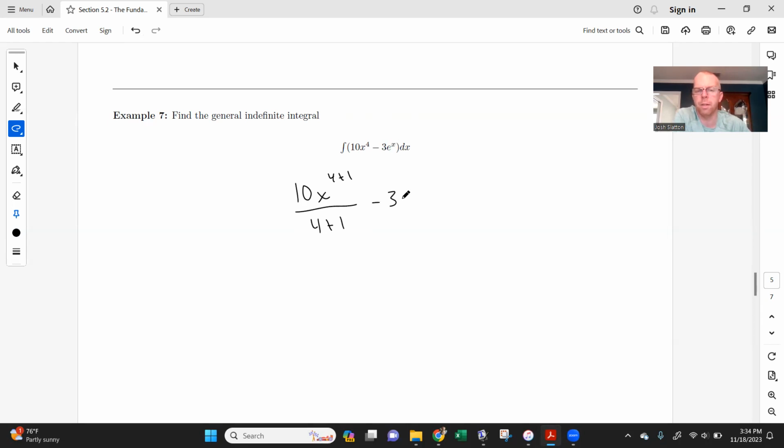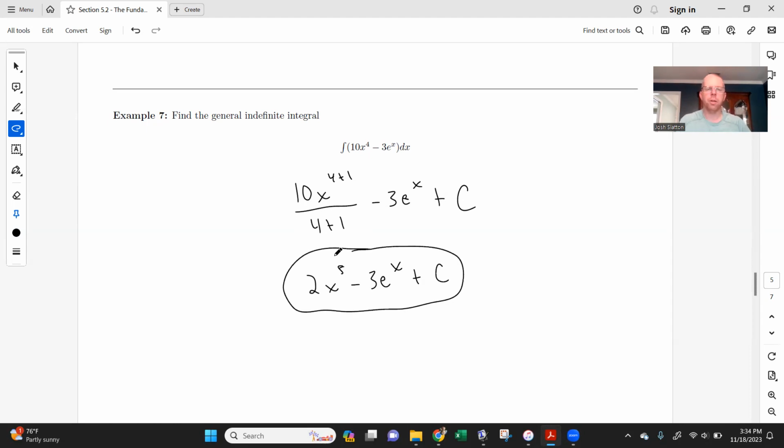Constant does not matter. We're just going to leave that alone. And then add a c. All right. So, well, I guess we could simplify this. So we have 10 divided by 5. So that would be 2x to the fifth minus 3e to the x plus c. And then that is the answer.